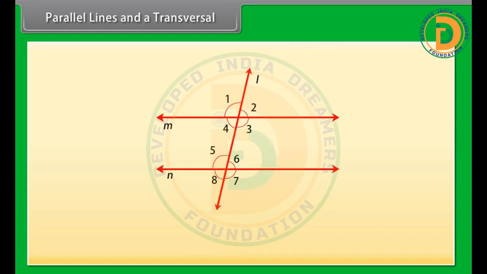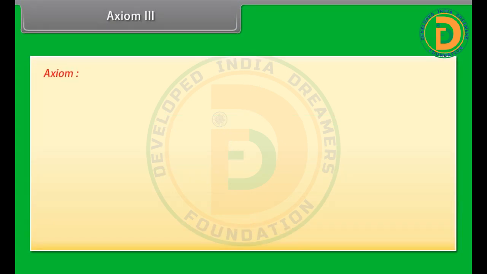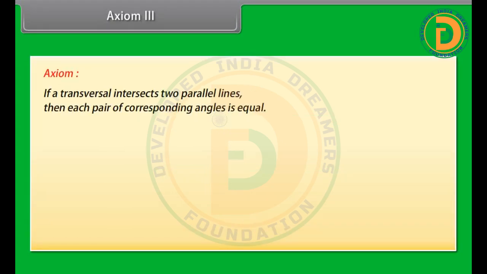Now, if we measure any pair of corresponding angles, we find that angle 1 is equal to angle 5, angle 2 is equal to angle 6, angle 4 is equal to angle 8, and angle 3 is equal to angle 7. For this, we get one more axiom, which is, if a transversal intersects two parallel lines, then each pair of corresponding angles is equal.